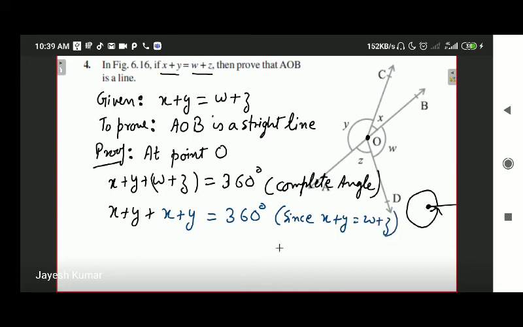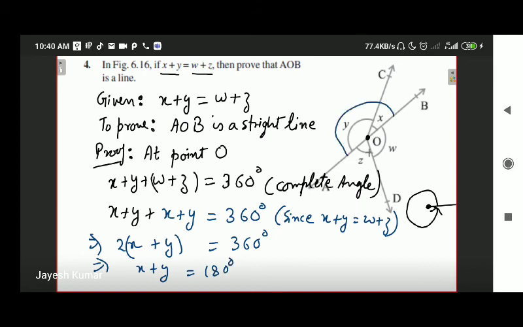This means x plus x is 2x and y plus y is 2y. I can take 2 common and write it as 2 times x plus y is equal to 360 degree. That means x plus y is equal to 180 degree. So like I told you, the sum of all angles on either side of the line is 180 degree. Let us write down that statement.